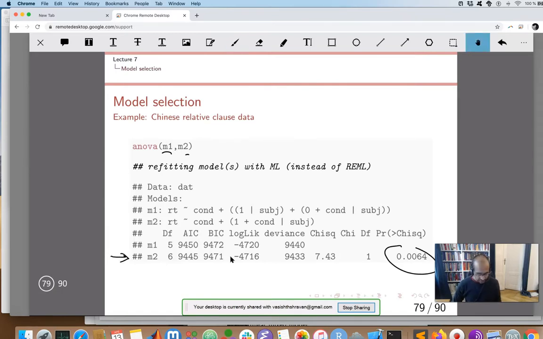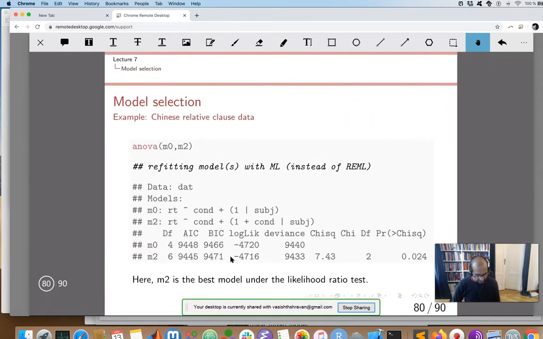Okay, and if I compare model 0 and model 2, I get evidence in favor of model 2. Now model 2 is the model with intercepts and slopes for subjects and a correlation assumed. So that's the most complex model here, and you can see that there are 2 extra parameters in model 2 compared to model 0. That's why the degrees of freedom in the chi-squared distribution is 2, right?